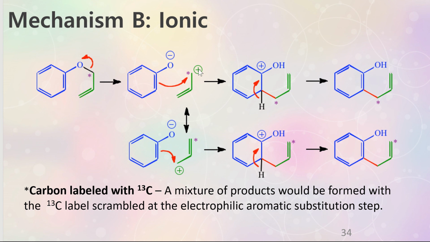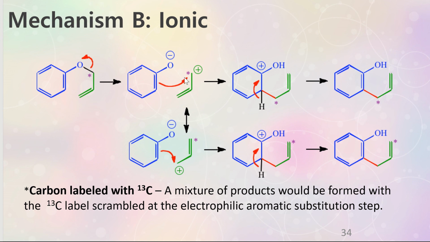So the point of this particular slide, and the reason why we're seeing the asterisk, is because we're looking at carbon labeled with carbon 13. We're saying here that a mixture of products would be formed with the carbon 13 label scrambled at the electrophilic aromatic substitution step. So this is the EAS step, right?